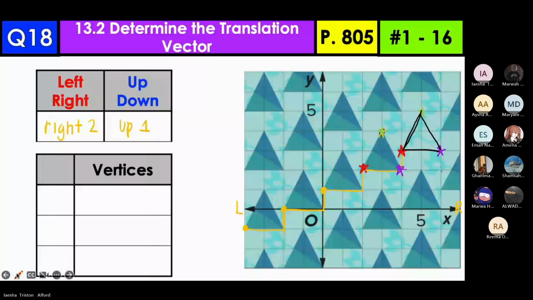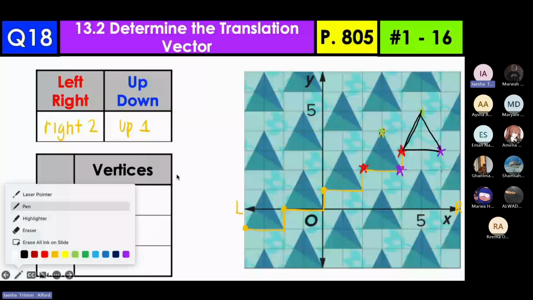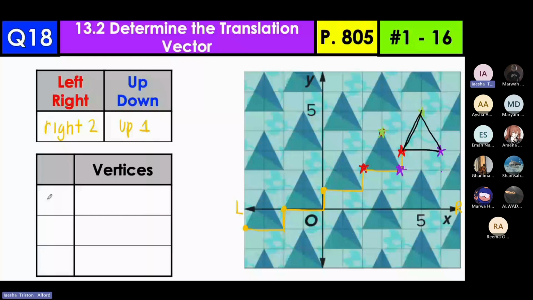Yes. Okay, now you have to tell me where are the vertices of the red star with the prime. So this one, where is this? I need the ordered pair. I do not want the vector. I want the ordered pair. Where is this from the 0?